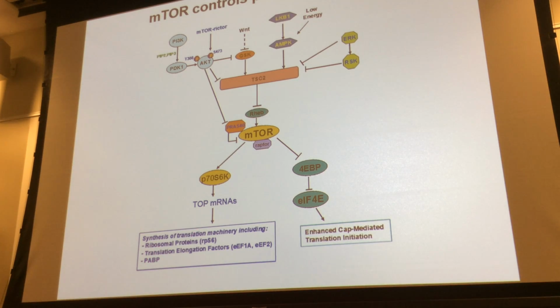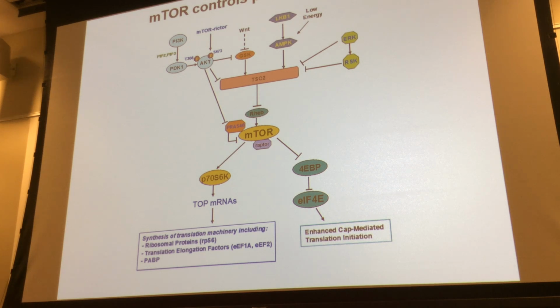And there's one interesting thing about this, what they have in common. There are a couple of things in common. One is that they are all called TOP mRNAs, meaning the mRNAs encoding these proteins. So what's TOP? It's a terminal oligopyrimidine.